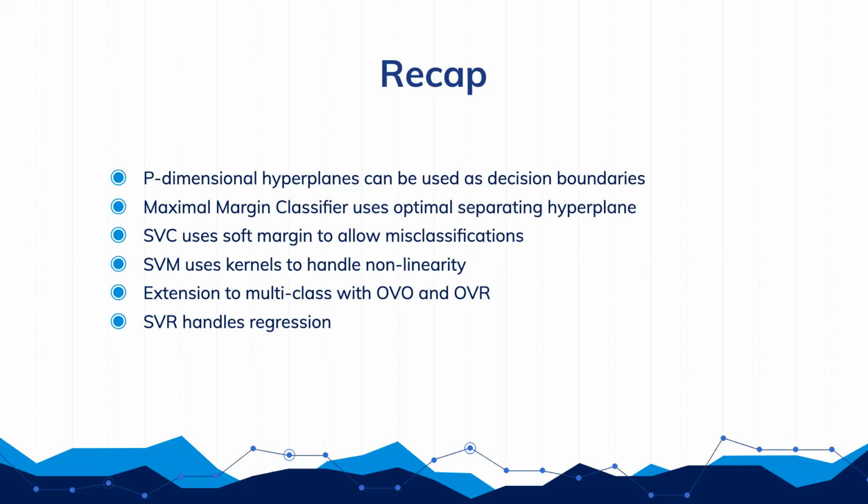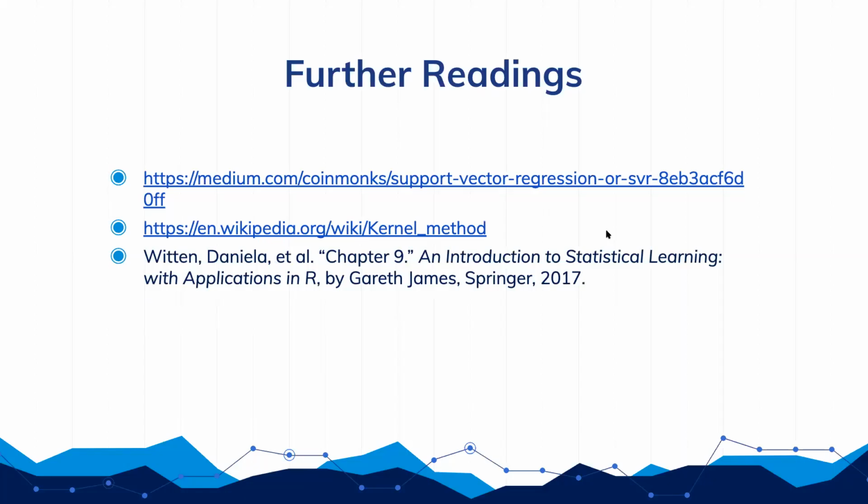And then we discussed the multi-class and regression extensions, just to see how we can apply this to multi-class and to regression. I also have here some links, if you really enjoy this topic and want to go further. I've left you some pointers.